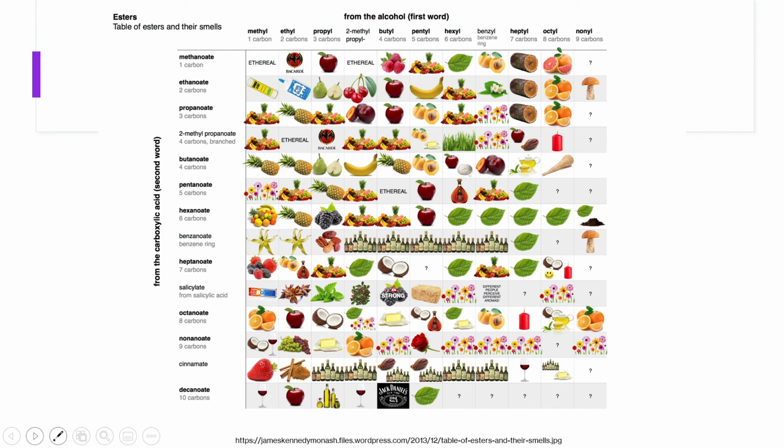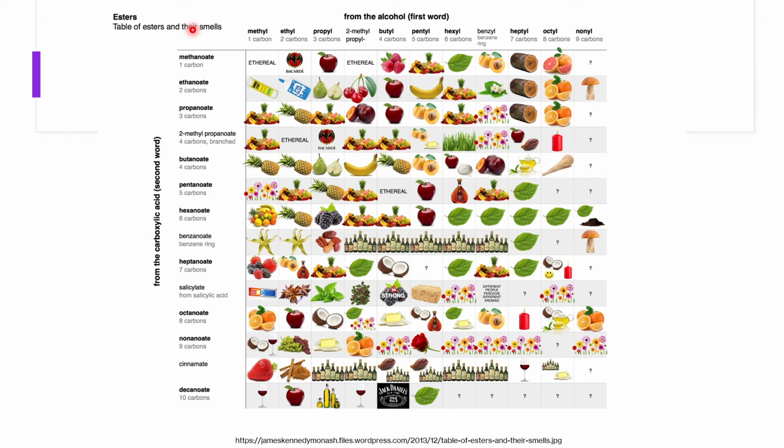What we see here is a chart that begins to outline a bunch of different combinations of esters. So esters can be produced by a variety of alcohols and a variety of carboxylic acids. And depending on what alcohol and what carboxylic acid you use, will dictate essentially the length of both the main chain as well as the alkyl chain. And a very interesting property of esters is that they have quite unique tastes and smells in particular.